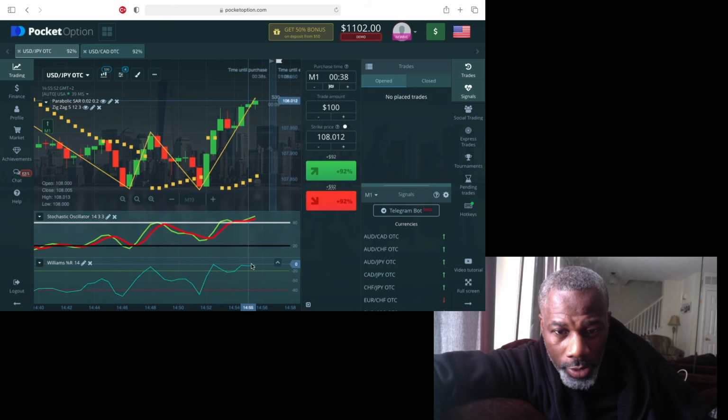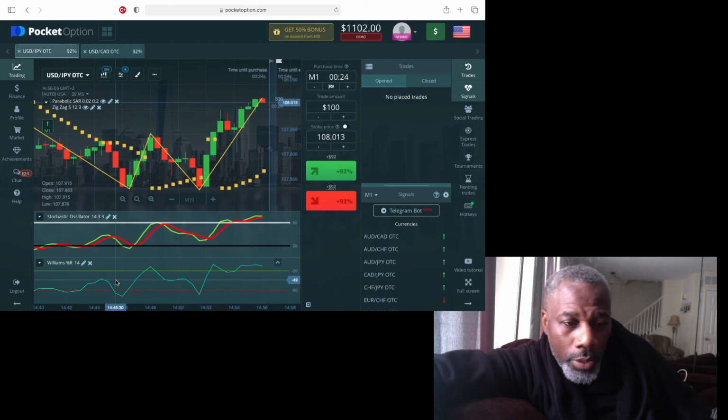And now if you look at the way the candles are flowing, this is showing exactly the same way the candle is flowing. So you see how it's going straight, and it's kind of flickering up and down slowly. This Williams %R is showing you exactly how the market is moving.